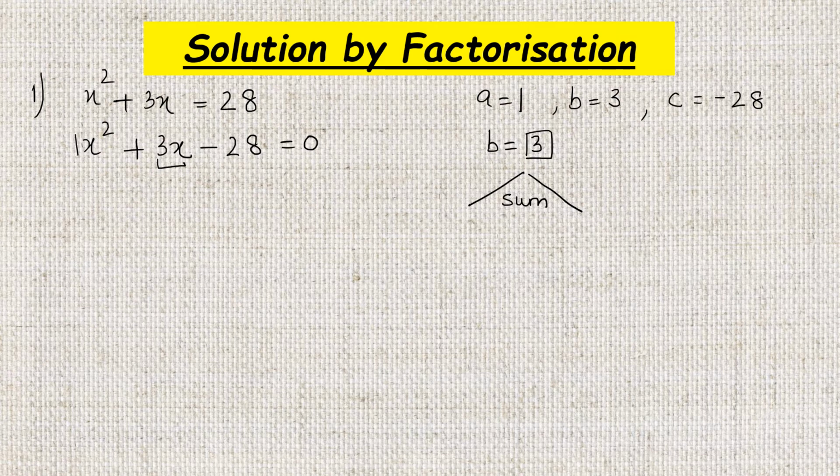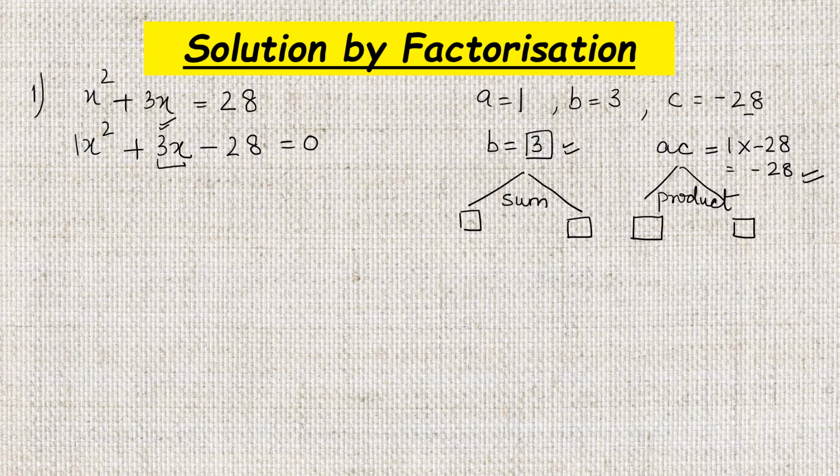And the same numbers, when get multiplied, then their product should be equal to AC. What is A here? 1. What is C? Minus 28. So the product of those two numbers should be equal to minus 28, and the sum of those two numbers should be equal to 3, which is the middle term here.